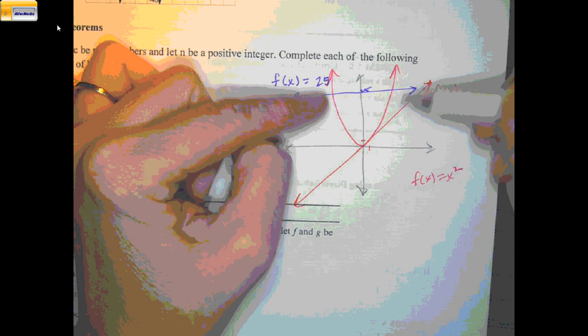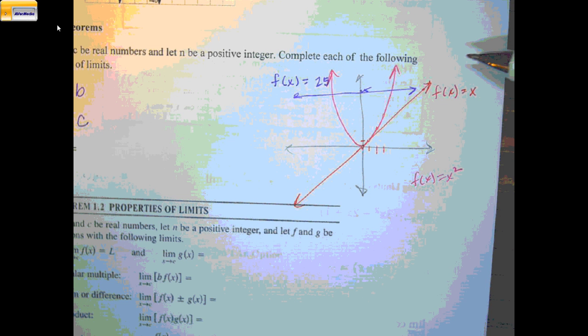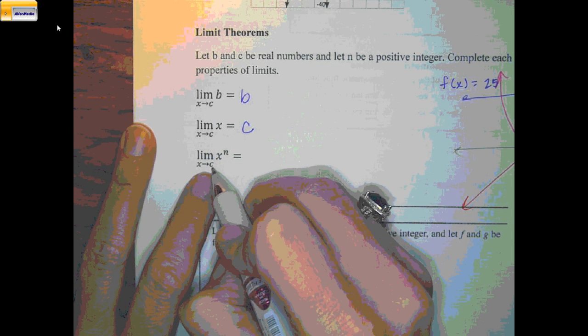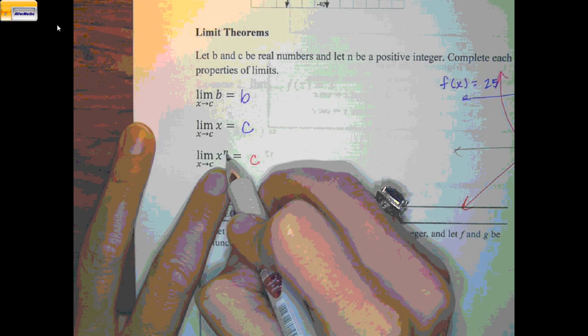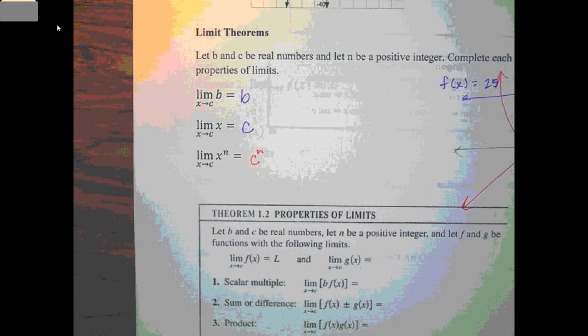What's the value at 0? What's the value at 1? What's the value at 2? 3? So what is the limit of that function as I approach 3? 9. What's the limit as I approach 2? So aren't I just taking this number here, whatever that is, and I'm just applying this exponent to it? So that'd be c to the n power.